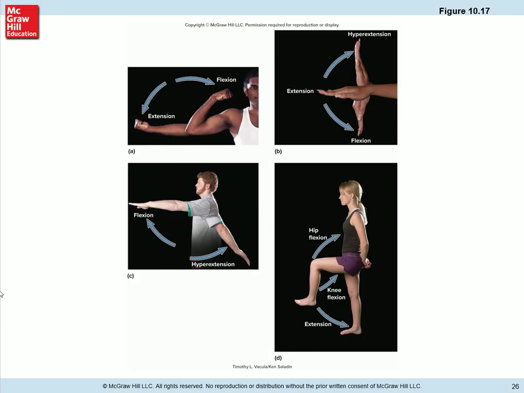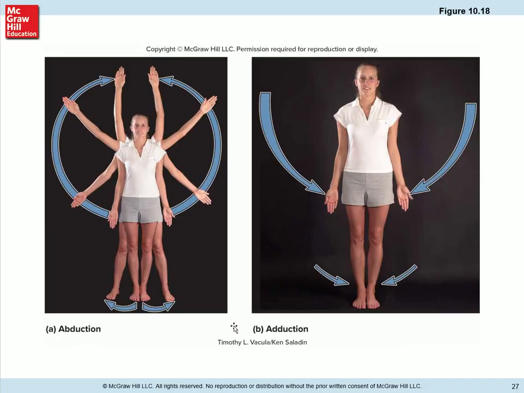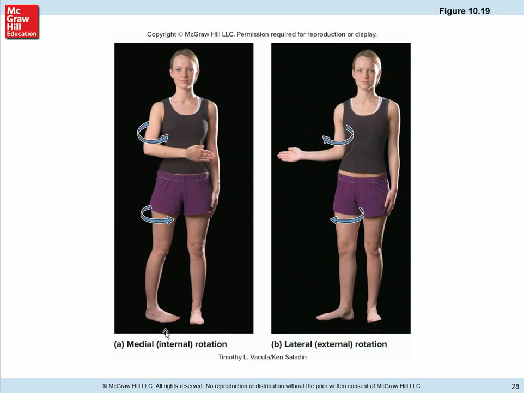All right, and then these are the motion examples: flexion, extension, hyperextension, hip flexion, knee flexion, extension, abduction away, adduction back in, medial internal rotation, lateral external rotation.